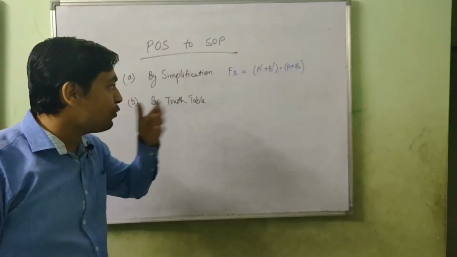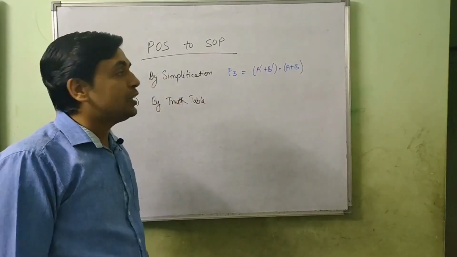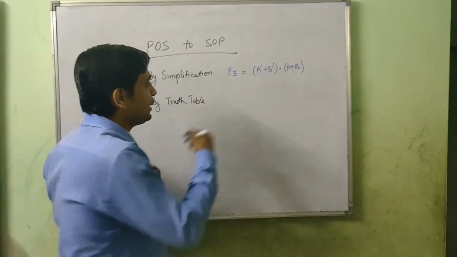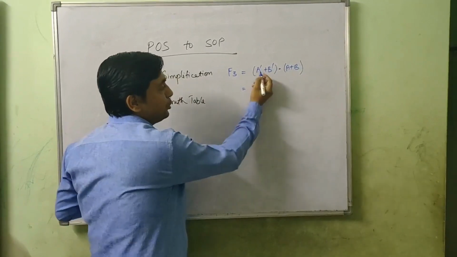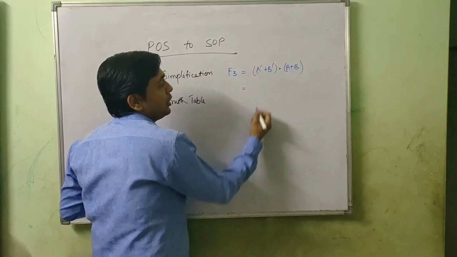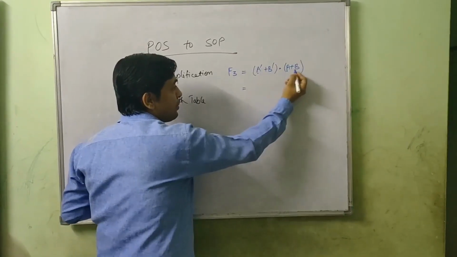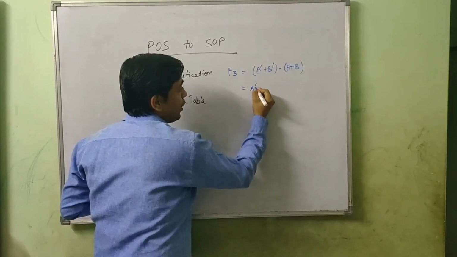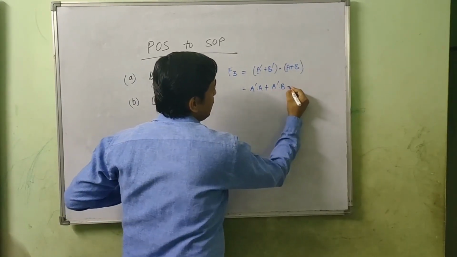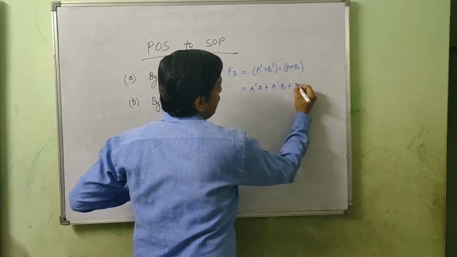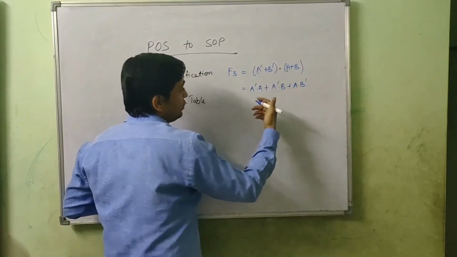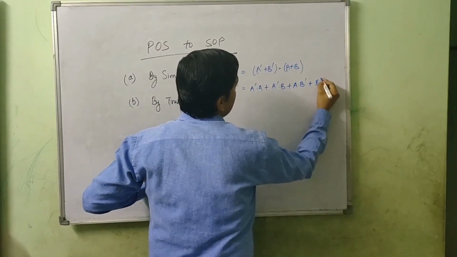We are going to perform simple multiplication, like in mathematics we do. This one will be multiplied by this, then this one will be multiplied by this. So it will be a complement and a, plus a complement and b, plus a and b complement, plus b complement and b.